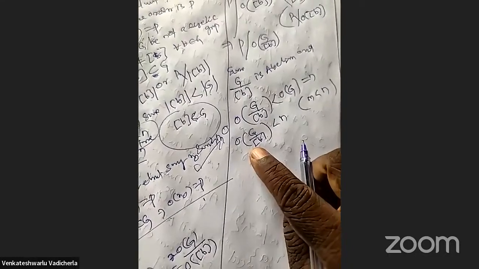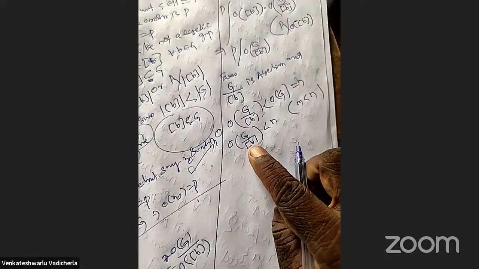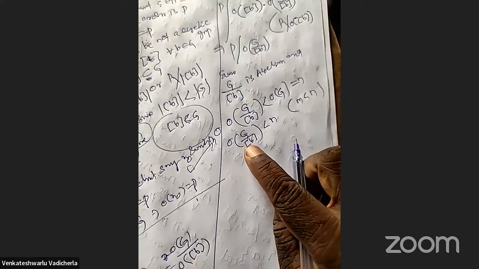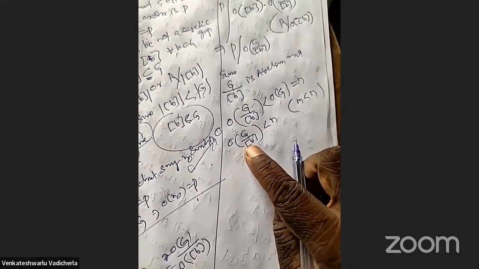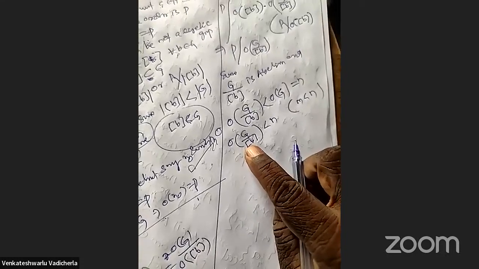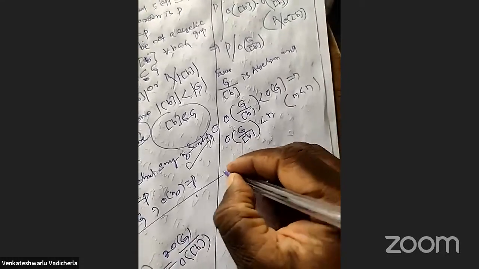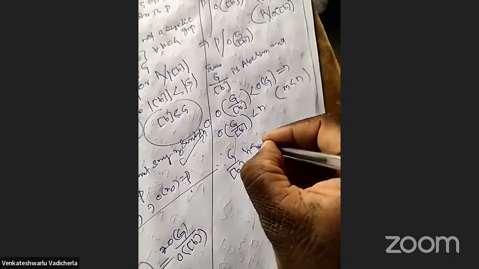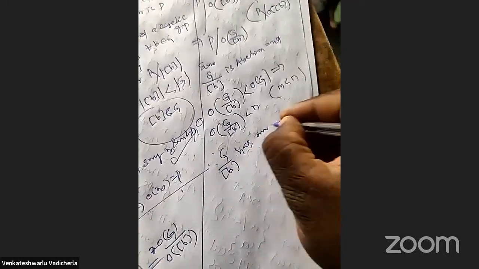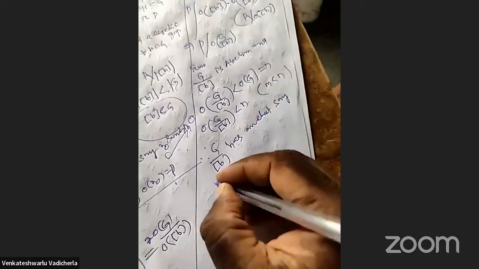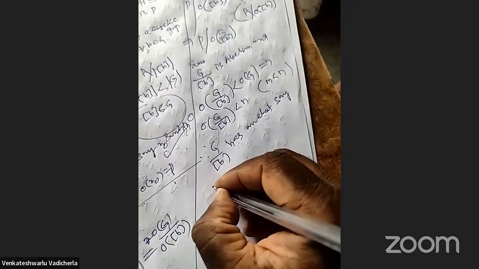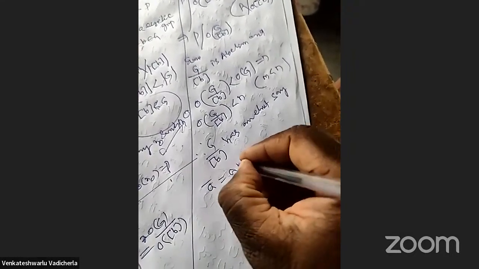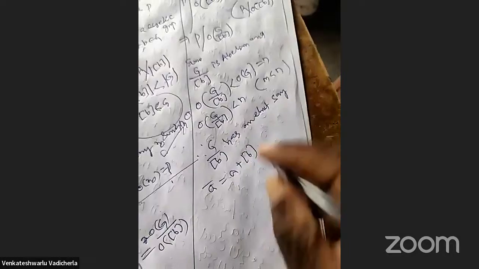So from our assumption that the result is true for all groups of order less than n, the result holds for the quotient group G by the cyclic subgroup generated by b. What is the element? Say x bar, equal to x plus H, a coset element.